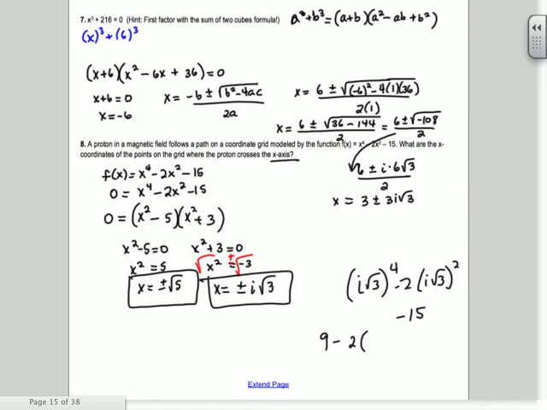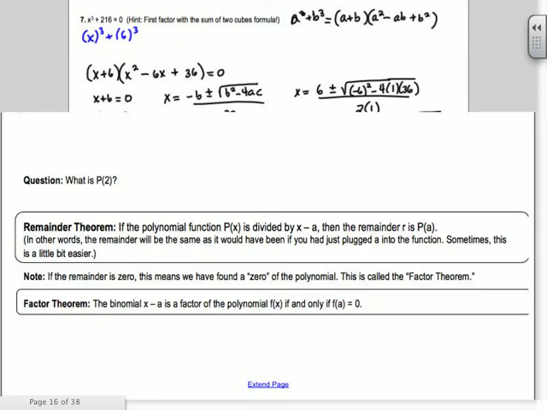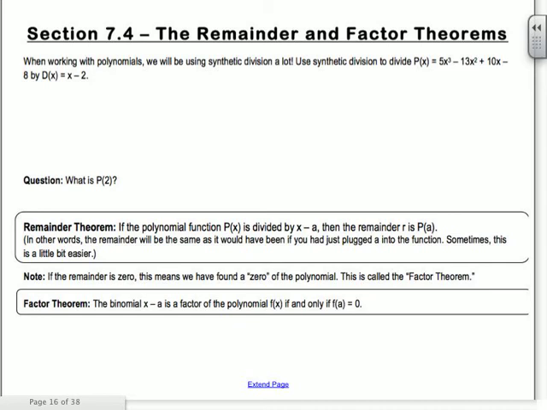So square root of 3 to the fourth is 9 minus 2 times i squared is negative 1. Square root of 3 squared is 3. So you get 9 plus 6 minus 15, that does equal 0. Okay, so see how you can go back and check these answers. They would work. So you can still have i answers.